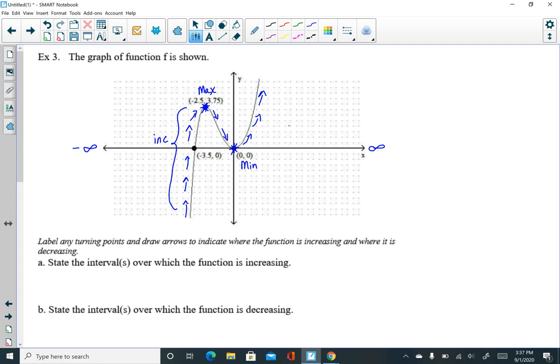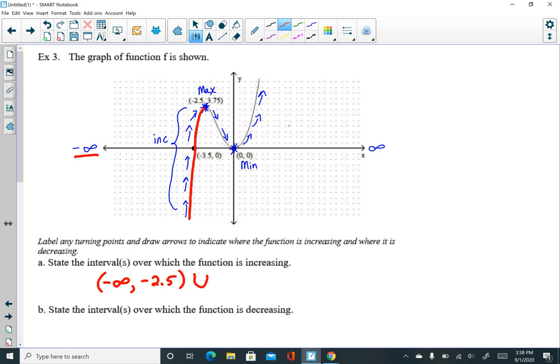In part A, it says identify the intervals where my function is increasing. So I'm increasing anywhere that my arrows are pointing upward. So here's one interval. The x values over here on the left are negative infinity to that tippy top x value, negative 2.5. Always get parentheses.